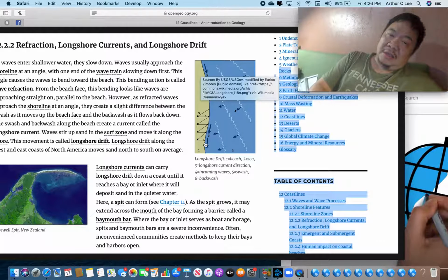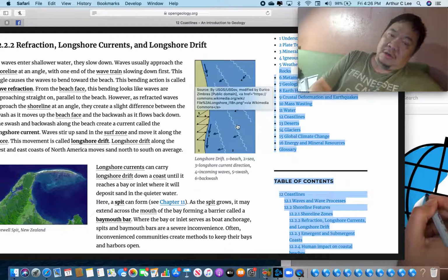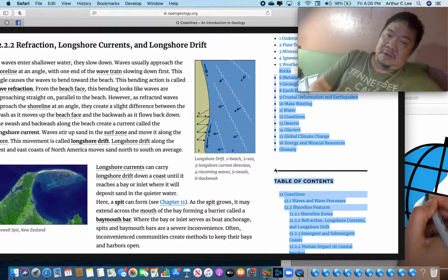Here's the land, probably a beach, and this is the ocean in blue. You can see the waves represented by these wavy lines. The wind is blowing out of the northeast towards the southwest, so the waves are moving like this towards the shoreline.